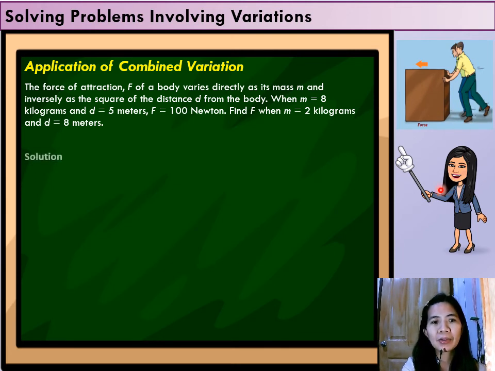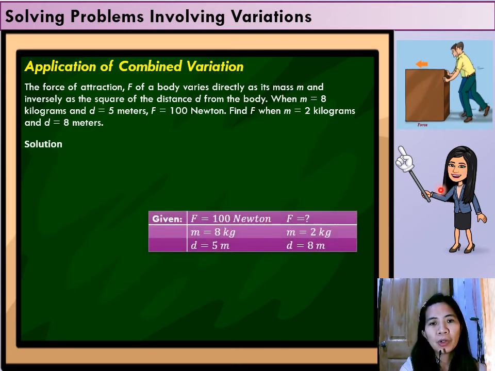Now this is the solution. First we are going to identify the given. Then we are going to find out what will be the force of attraction if mass is 2 kilograms and distance is 8 meters.